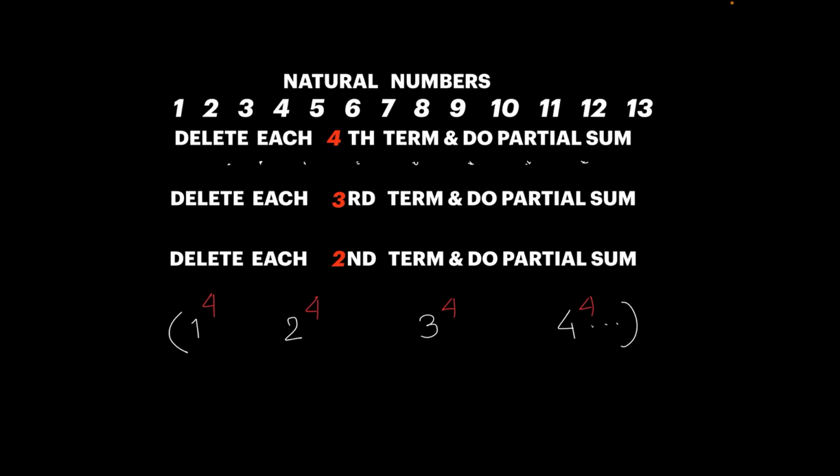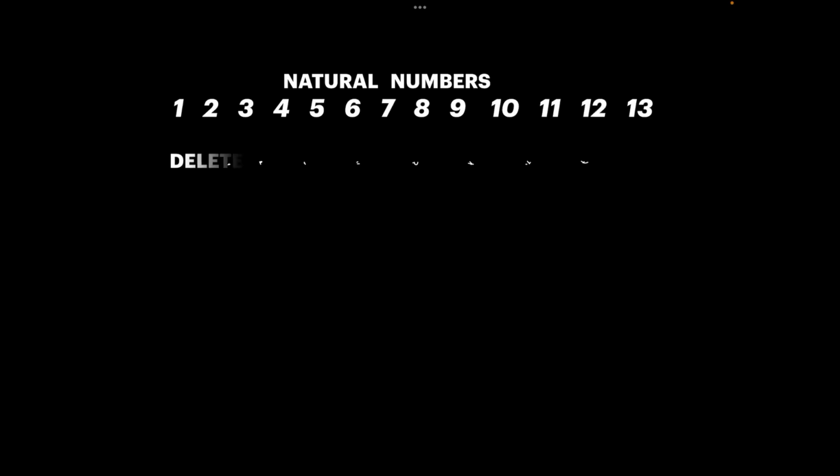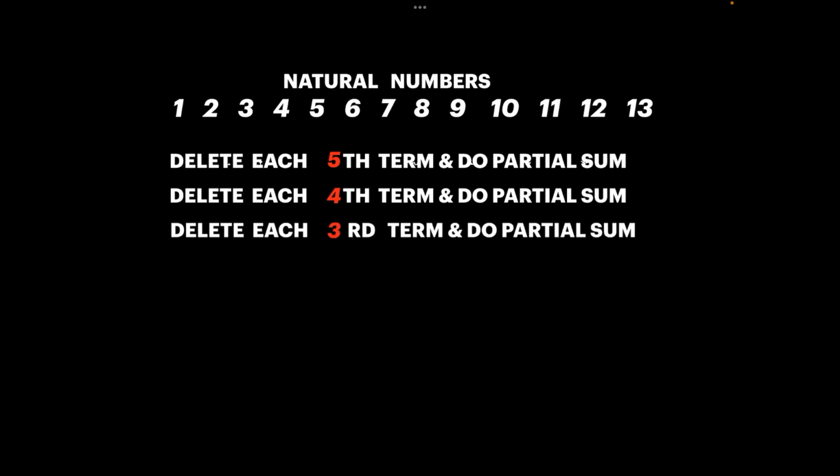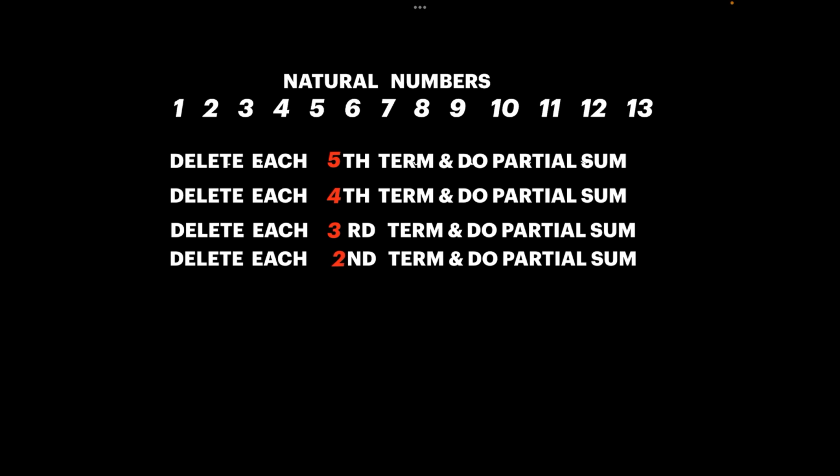So following these results, following the pattern, we predict that if we start deleting each fifth term and do partial sum, and then we delete each fourth term and do partial sum, and then we delete each third term and compute the partial sum, and then we delete each second term and compute the partial sum, then we will get the power 5 sequence.